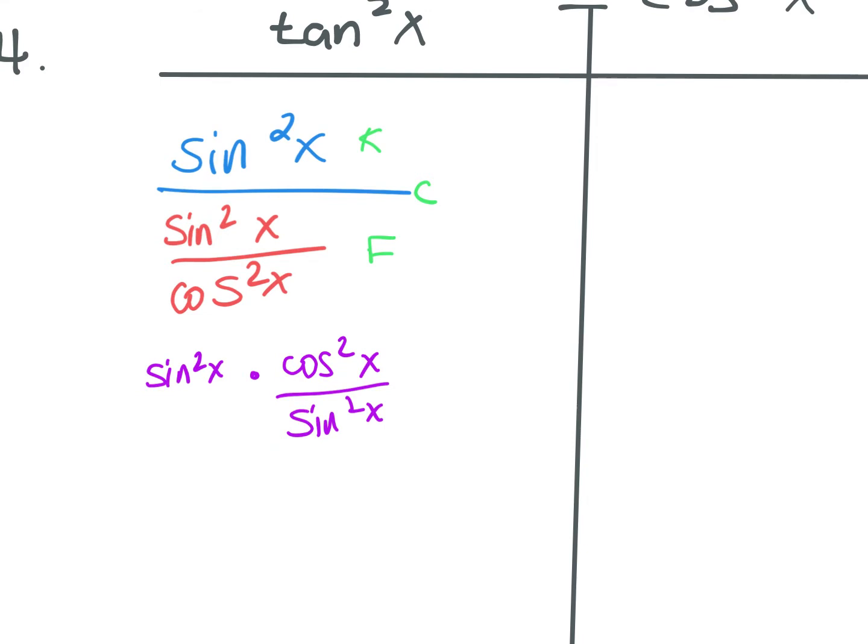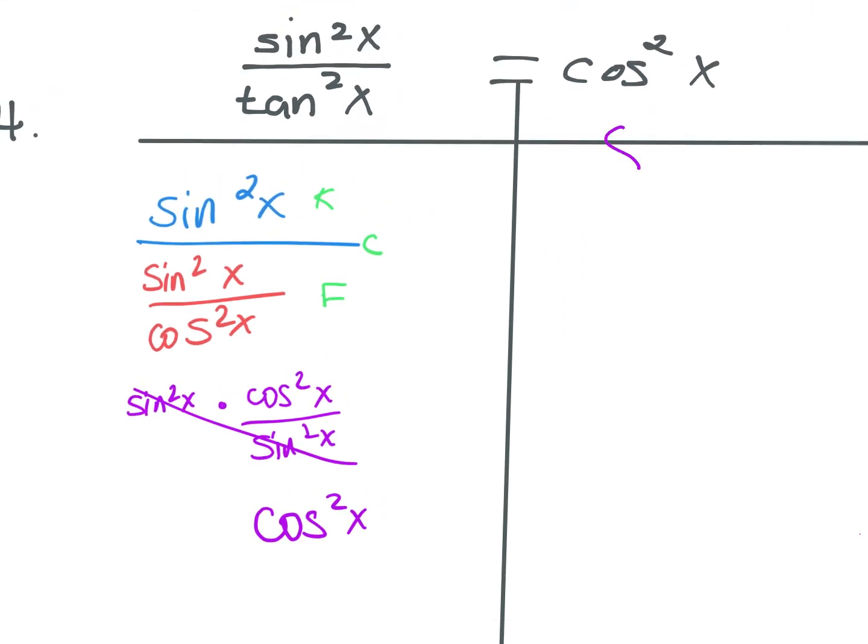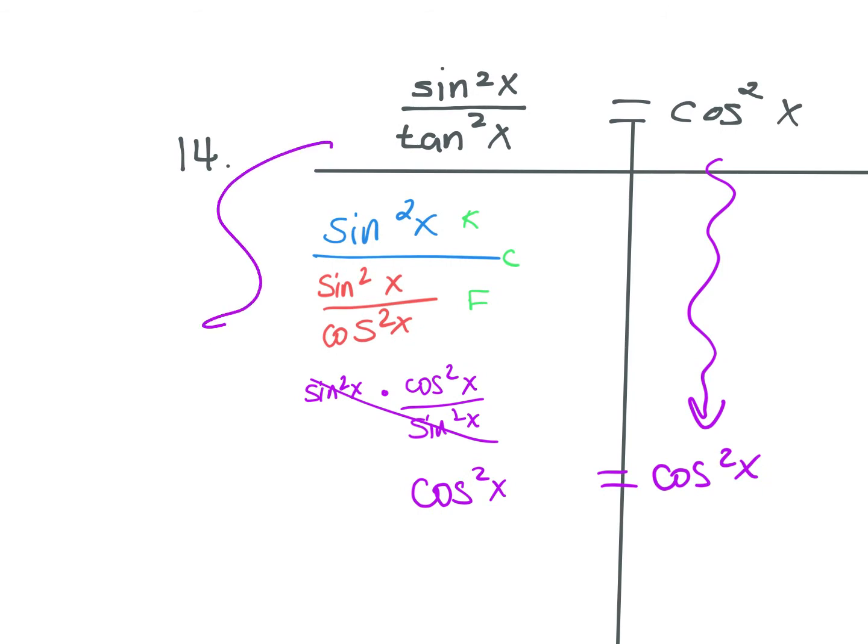What do you guys notice? The sine squareds cancel out, so I'm left with cosine squared x on the left-hand side, and what do you already have on the right-hand side? Cosine squared x. So the answer I'm looking for is all of this, not just at the end: cosine squared equals cosine squared.